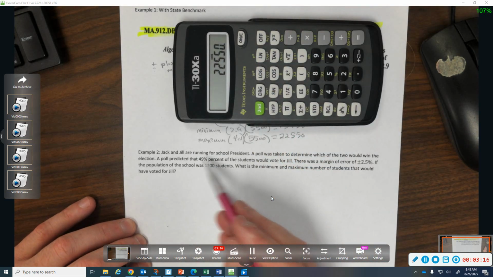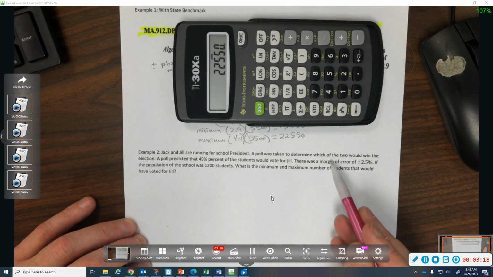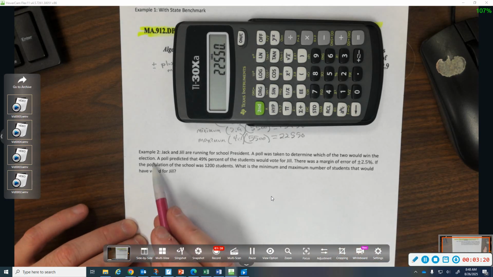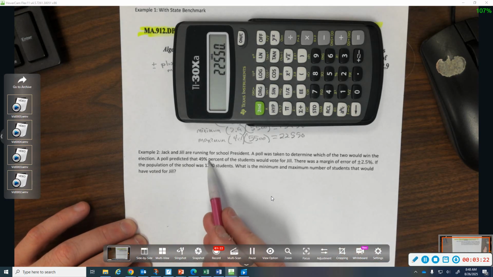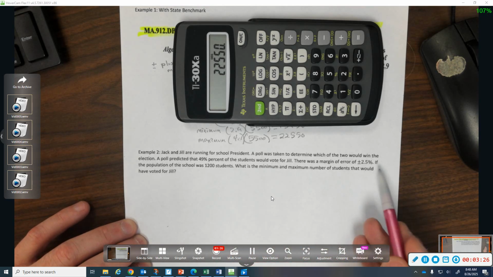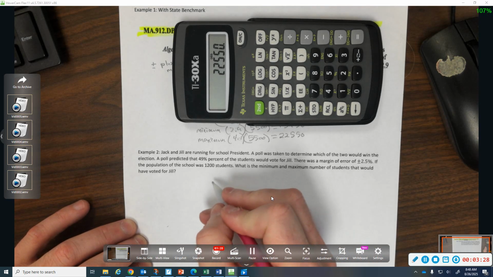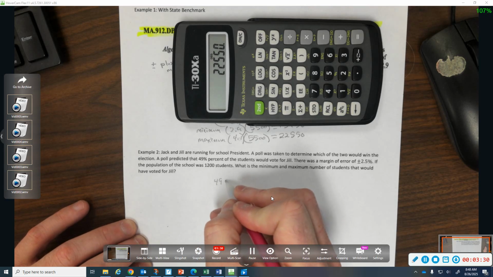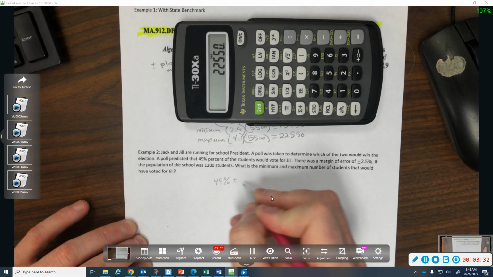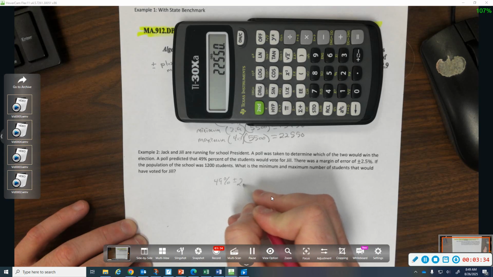We have Jack and Jill running for school president. A poll was taken to determine which of the two would win the election. A poll predicted that 49% of the students would vote for Jill. There was a margin of error of 2.5%. So we can do the exact same idea. We can say 49% plus or minus 2.5%.